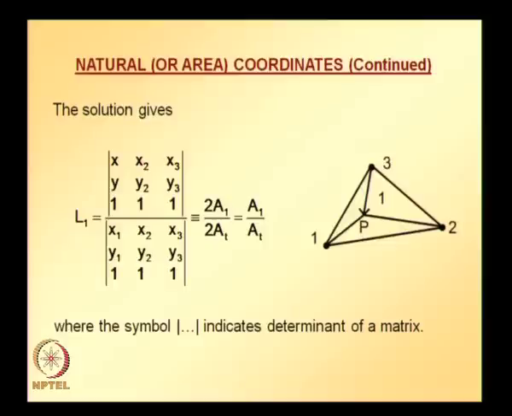So, L1 is the ratio of the area opposite to node 1 to the total area, and that can be calculated using the determinants of these matrices, which we can obtain from the nodal coordinates of the particular triangular element.